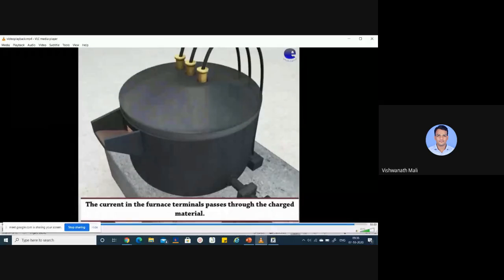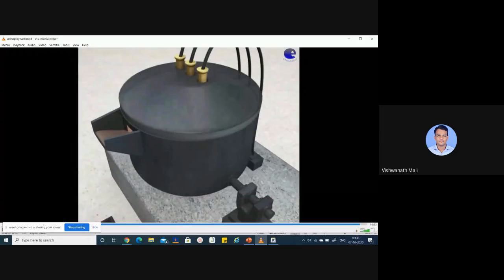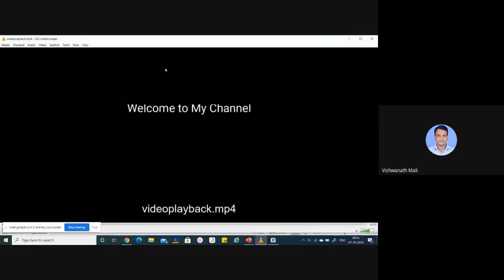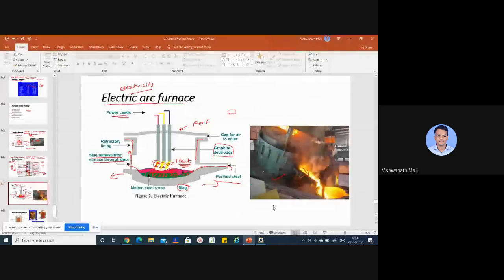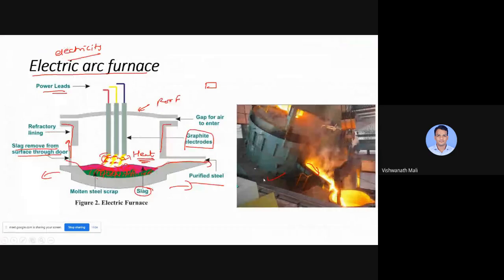Once it is melted, then we remove it. So this is the working of this electric arc furnace. With the help of electricity and graphite electrode, we generate the heat. As we generate the heat, it melts.